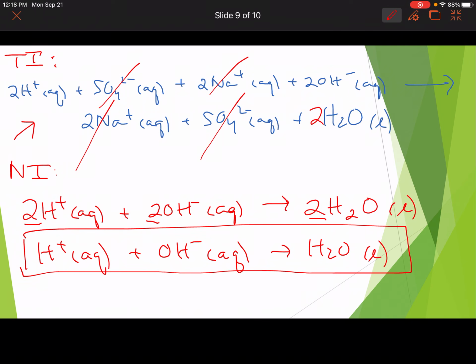This is where you'll make a mistake, and basically you'll do what I did, where I forgot to write that 2 in there. Yes, I did that on purpose just to show you how easy it is to forget to balance it there. So be really careful of the details, and again, be sure to include all your states. Those also count. They're definitely part of this. Okay, so that would be how you would write your 3 sets of equations for neutralization reactions.